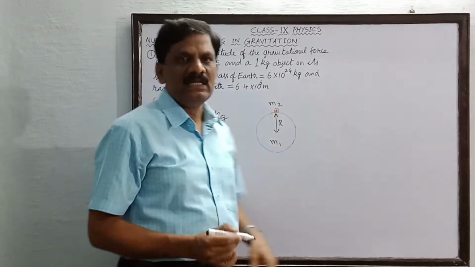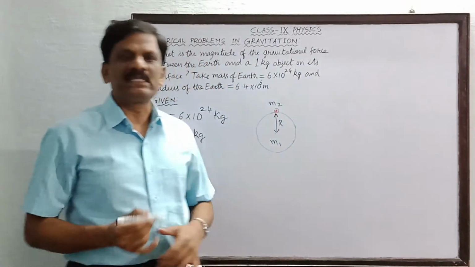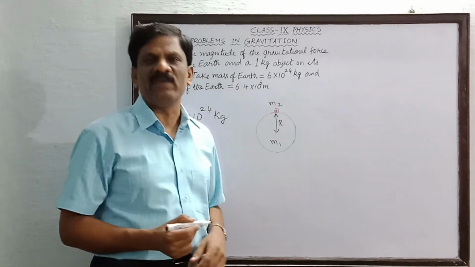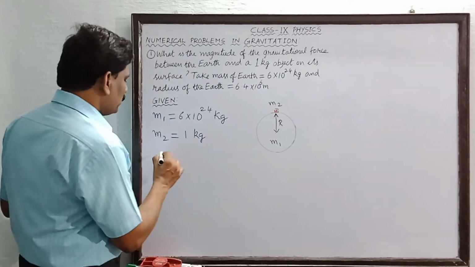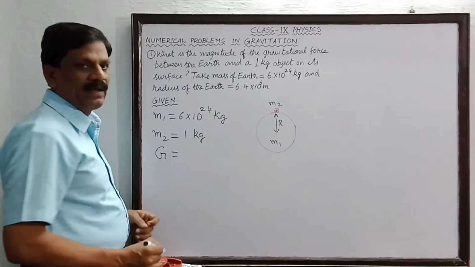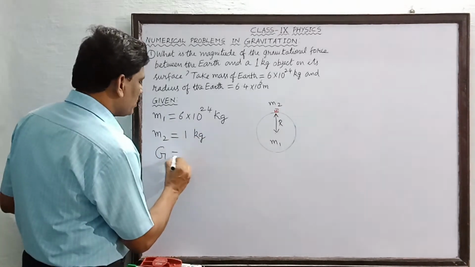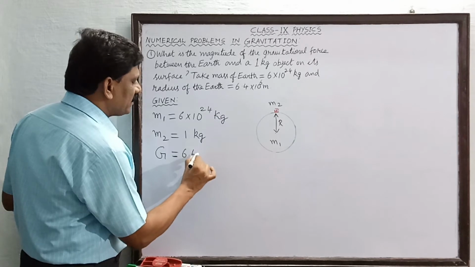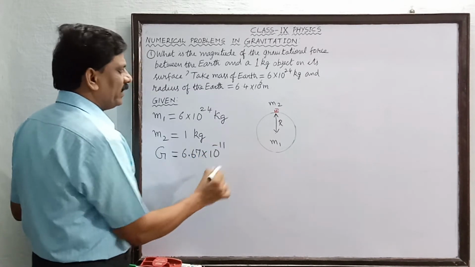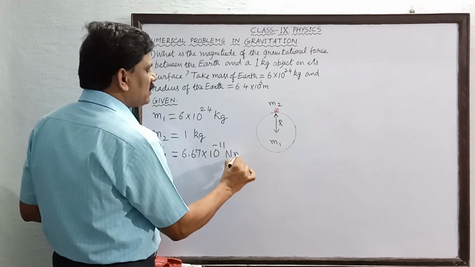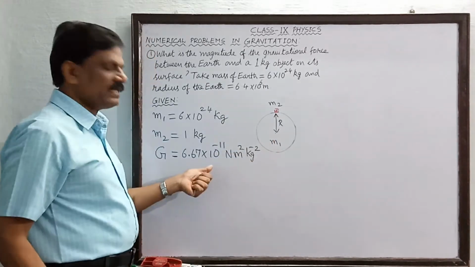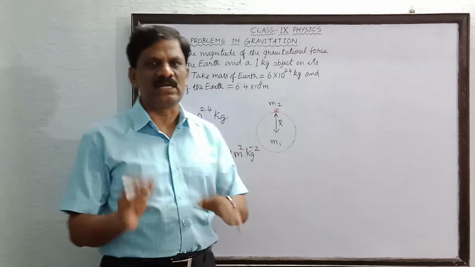Now to calculate the gravitational force between any two objects, I can assume the gravitational constant value. So the gravitational constant is given by capital G equal to 6.67 into 10 to the power of minus 11 Newton meter square per kilogram square. So this is called the universal gravitational constant.